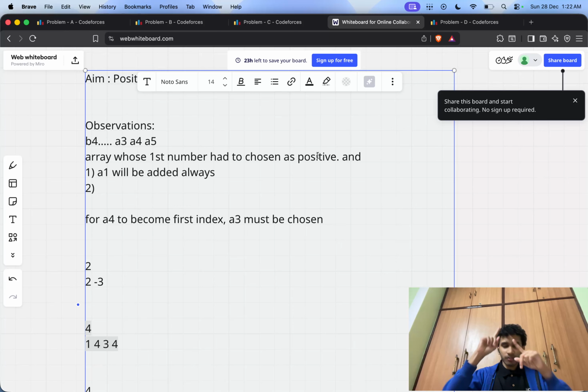So we are starting from a scenario, doing some operations which are very much optimal for us. That is, we are choosing positive numbers for adding and negative numbers for subtracting, and we come back to that same scenario.